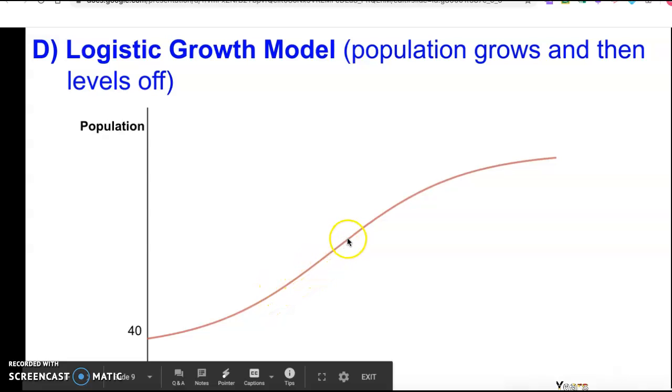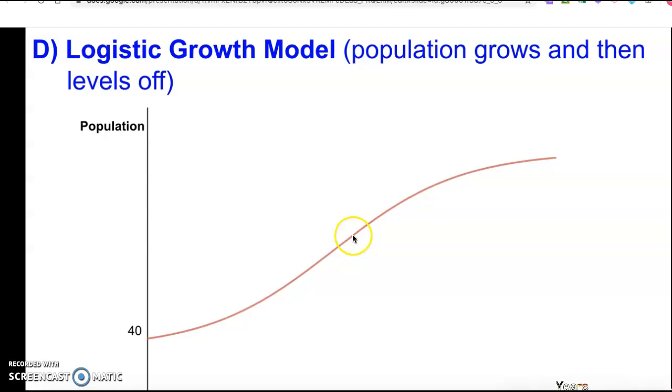But then once you reach a certain point, instead of just taking off and increasing like crazy, this model predicts that the growth will then slow down again. The growth starts to slow down again, eventually leveling off.